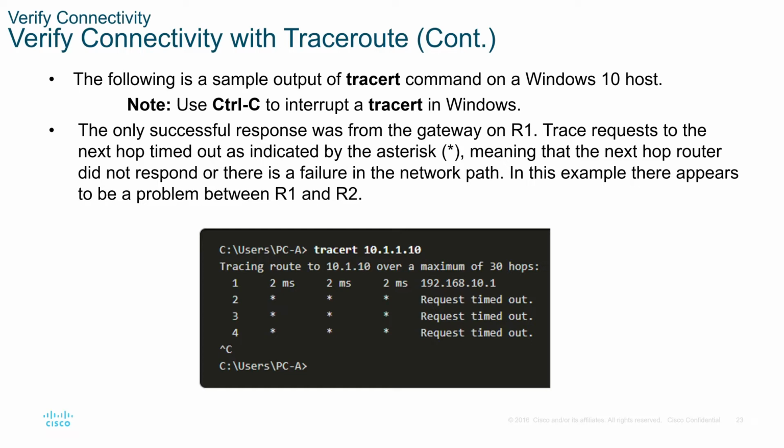In this case, the only successful response was from the gateway on R1. Trace requests to the next hop timed out, as indicated by the asterisk, meaning that the next hop router did not respond or there is a failure in the network path. In this example, there appears to be a problem between R1 and R2.